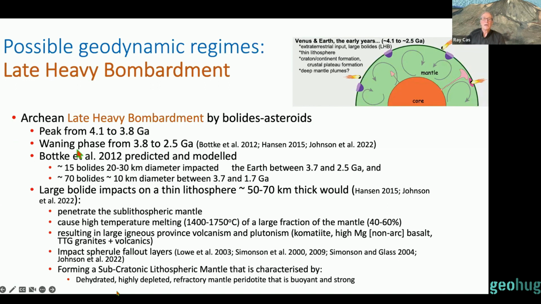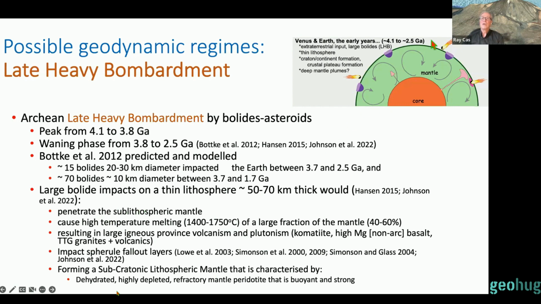And this has been documented by Bottke et al. and also modeled. They suggested that there were 15 bolide impacts involving asteroids 20 to 30 kilometers in diameter and at least 70 bodies 10 kilometers in diameter. Now, large bolide impacts on a relatively thin lithosphere would have the following effects.